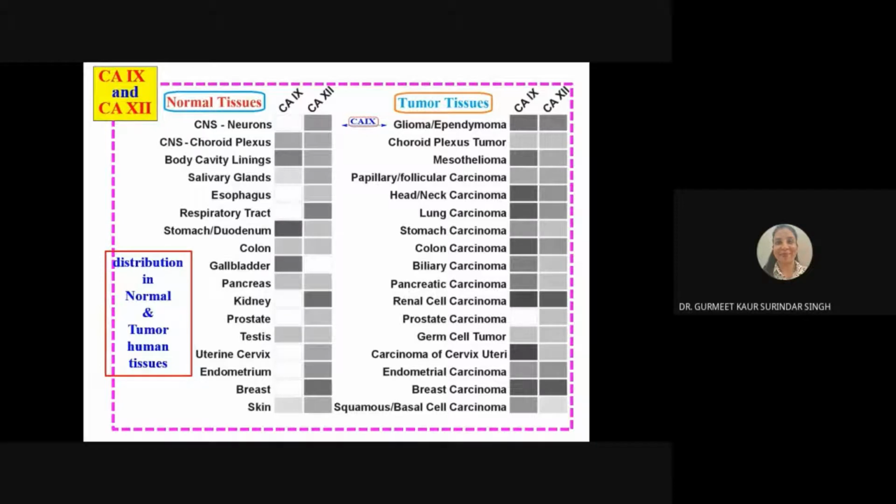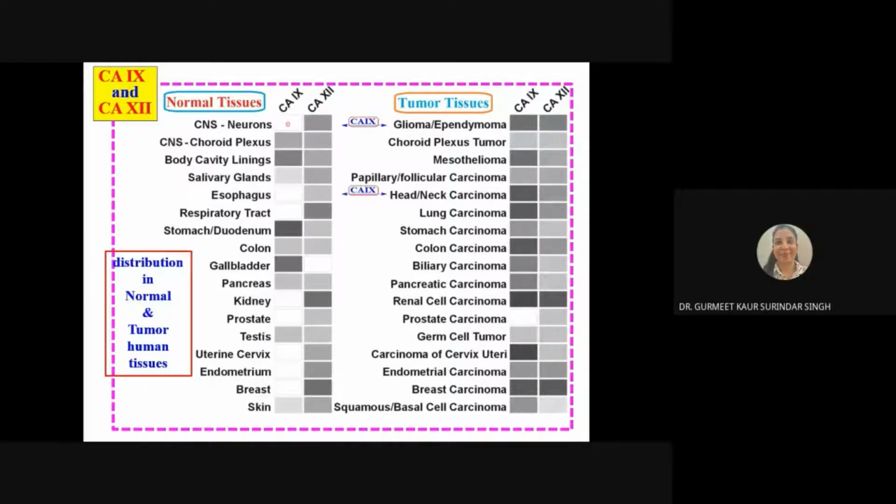However, it is highly expressed on the tumor tissues. But carbonic anhydrase 12 is expressed in both, although to a lower extent on the normal tissues. So it is not good enough to be considered as a target for CNS neurons or glioma.